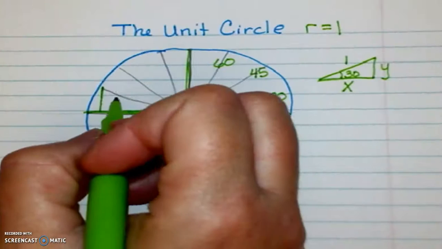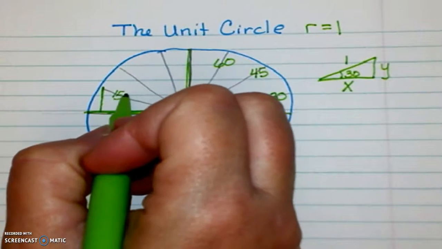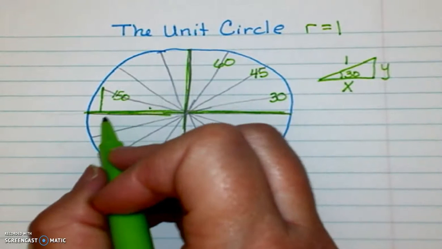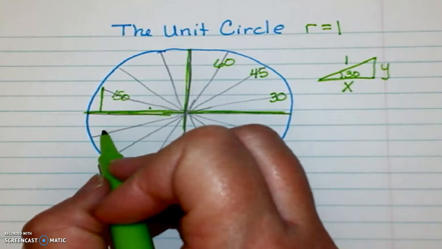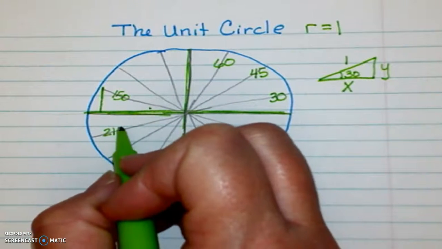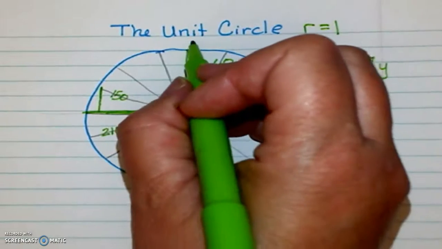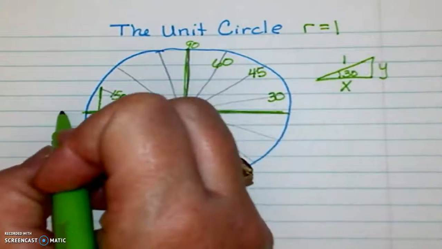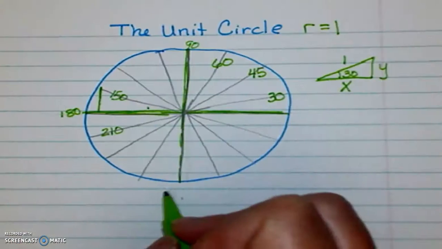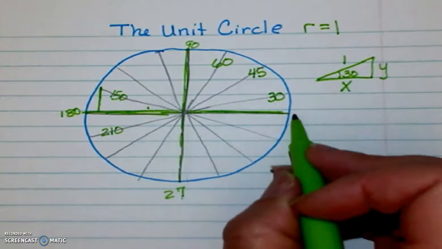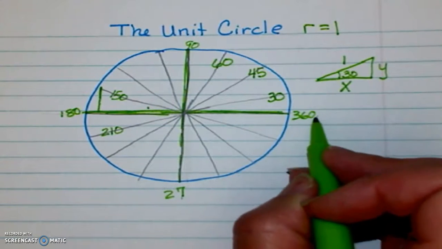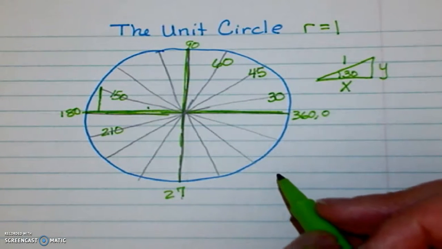So that means that this measure would be 150 degrees. Or you can take 180 plus 30, and this would be 210. We know that we have our 90 degrees, we have 180, we have 270, and we have 360, which is also 0 degrees when you start out.